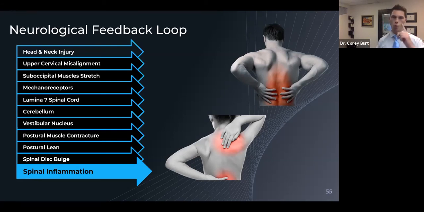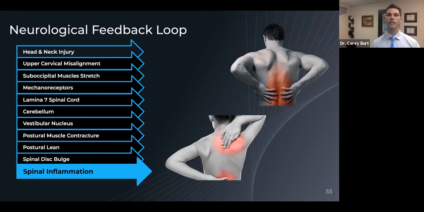Now, if there's one concept that you leave here with, please understand what I'm about to tell you. If you don't fix what's wrong structurally, then at a certain point in time, your brain says, okay, this inflammation is not strong enough. There's not enough stability. We've got to do something extreme here because we are losing the health of this disc.